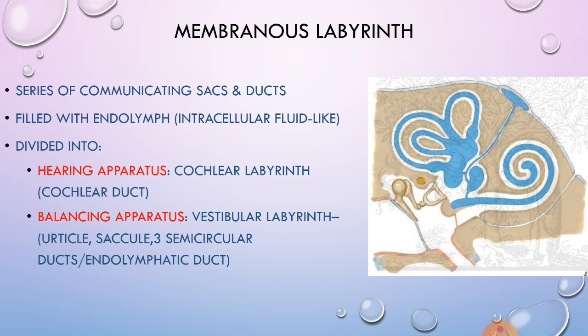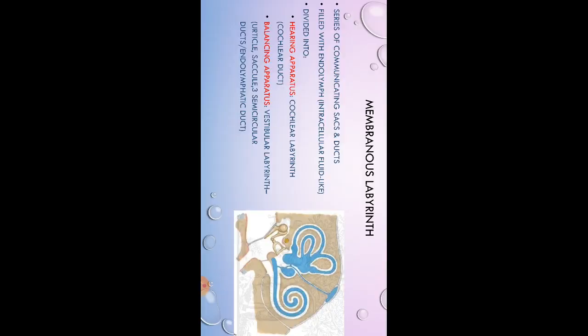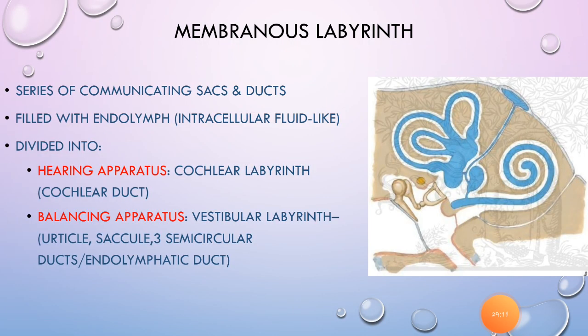The membranous labyrinth has been shown in this diagram as blue. It is not actually blue. It is shown in this diagram as blue. This has been divided into 2 different portions. One of them is the cochlear labyrinth, the cochlear duct.